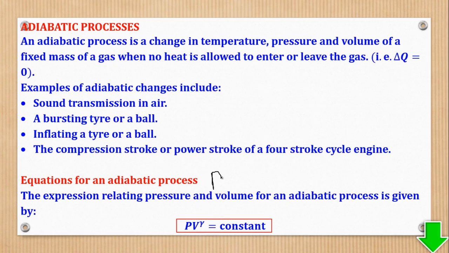Now, this power is only on V. Don't confuse the two. The power is only on V, and this symbol is the ratio of molar heat capacity at constant pressure to molar heat capacity at constant volume.